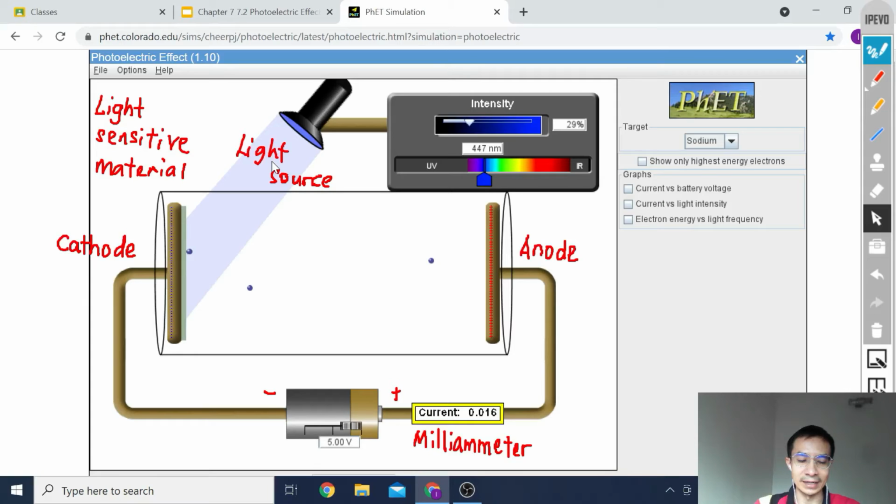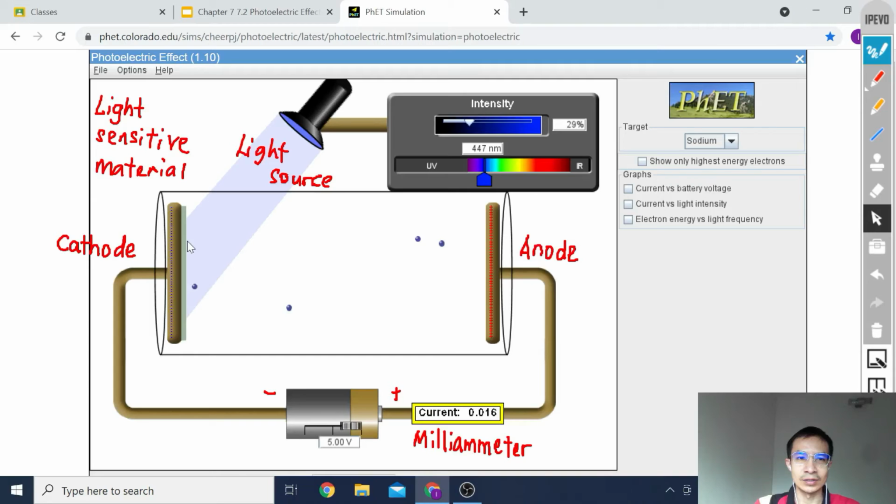For the purpose of the simulation, we are using sodium. What you can see right here, the electrons are emitted from the metal surface. These electrons are called photoelectrons.